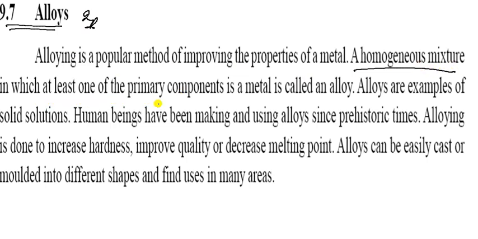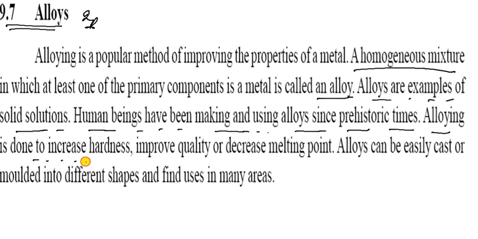It is easier to remove oxygen from an ore by reduction than to remove sulfur. Therefore, carbonate and sulfide ores are converted to oxides for their extraction. So that is the answer you have to write in your copy.